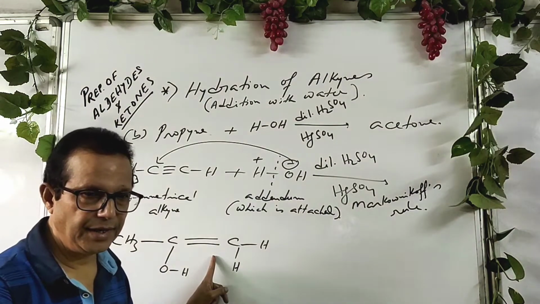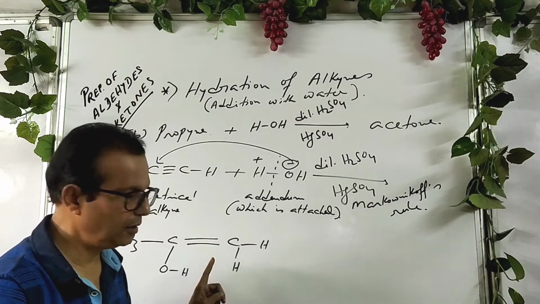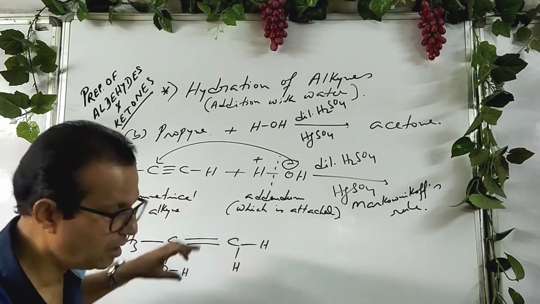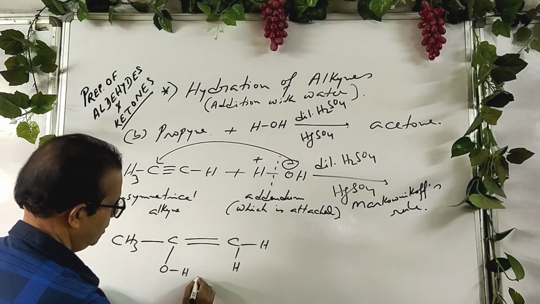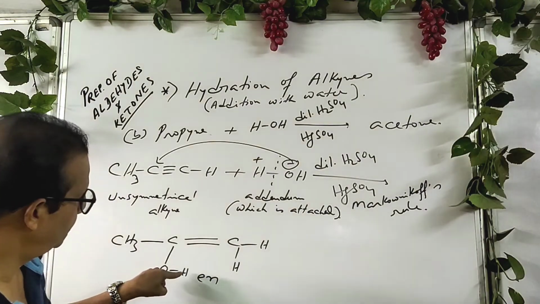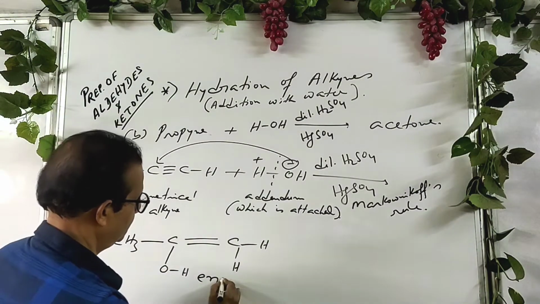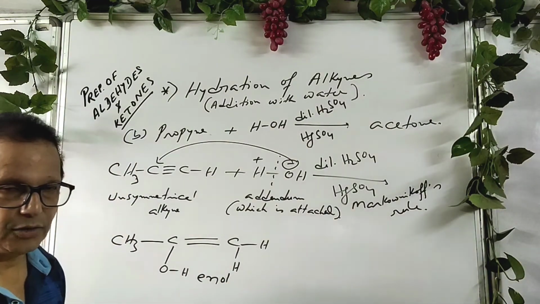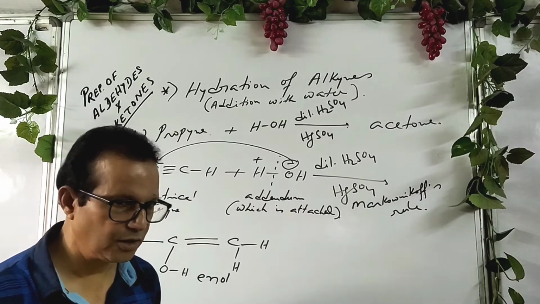This is intermediate called enol, because this compound contains double bond, that is ene, and alcohol. That is all. That's why it is called enol. Enol is an intermediate, unstable. It's not a compound.